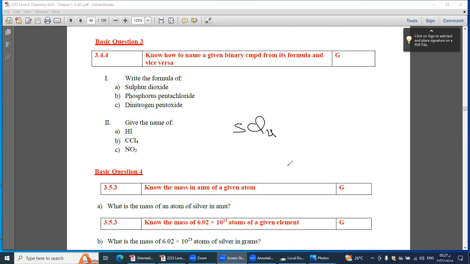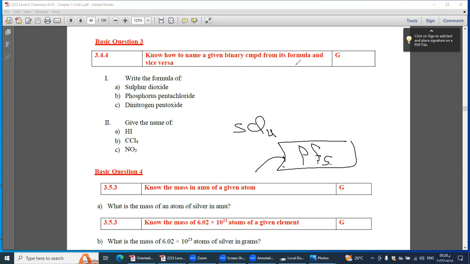You are right. Okay, PF5. What is the name of it? Phosphorus pentafluoride. Excellent, bravo.